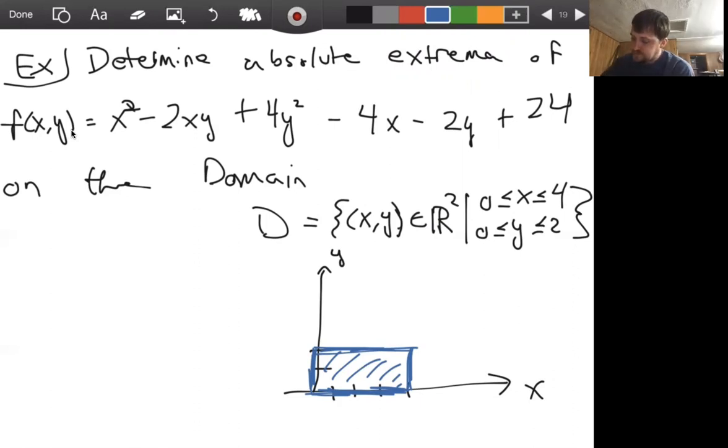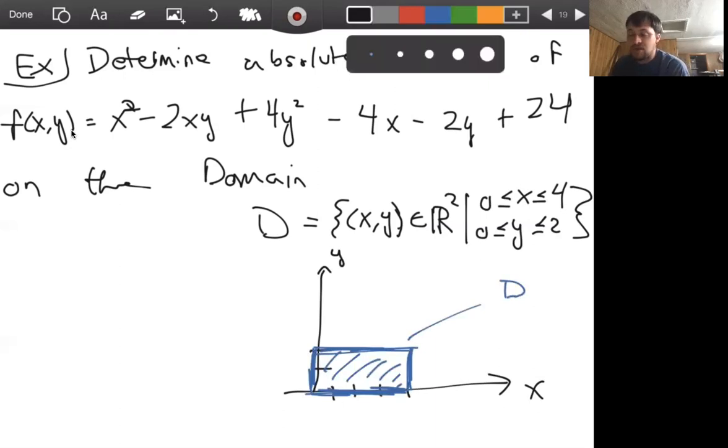So this is our domain D. We want to find the absolute max and absolute min of the function over this closed and bounded domain. How do we do that? There are two places we have to check. We have to check critical points on the interior, and we have to check the boundary.